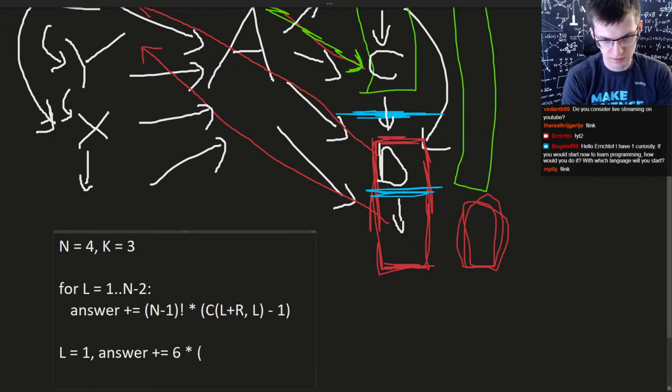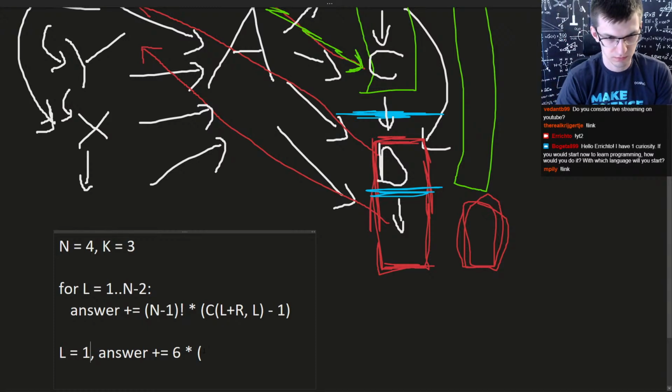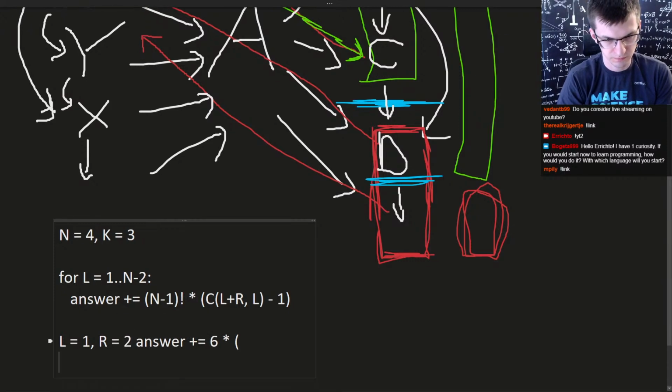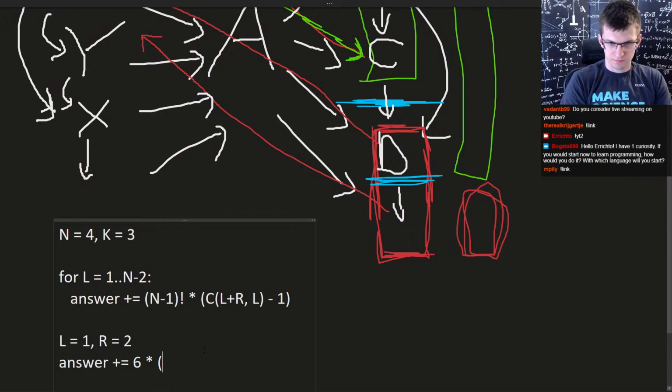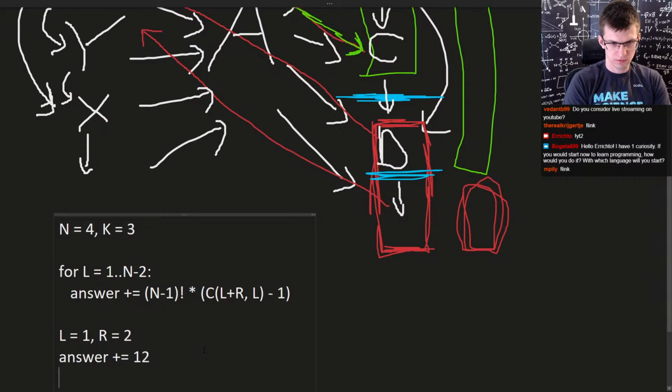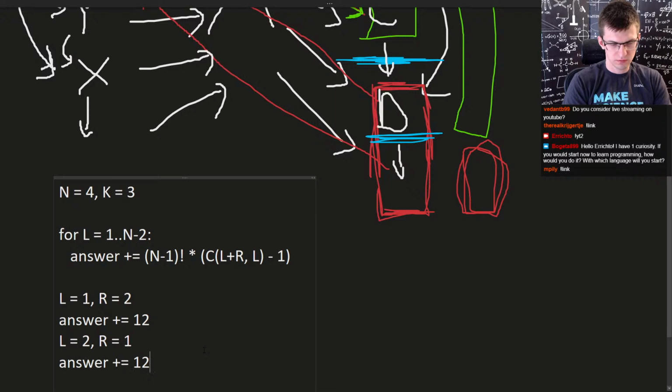That's 6 times R is n minus 1 minus 1, 2. Three choose 1, that's 3. Minus 1, that's 2. So 12. This is symmetrical. In total, we already got 24.